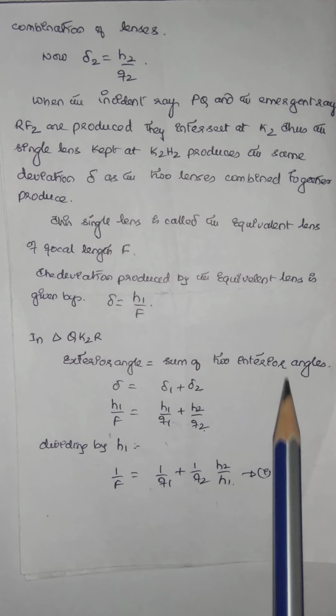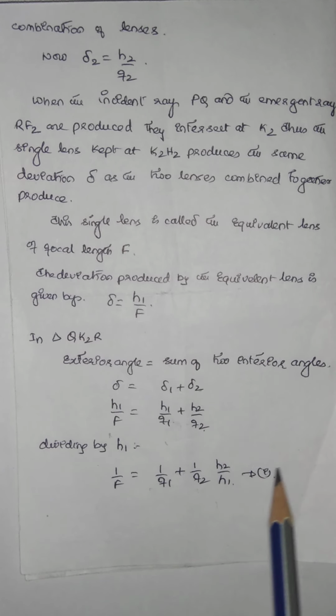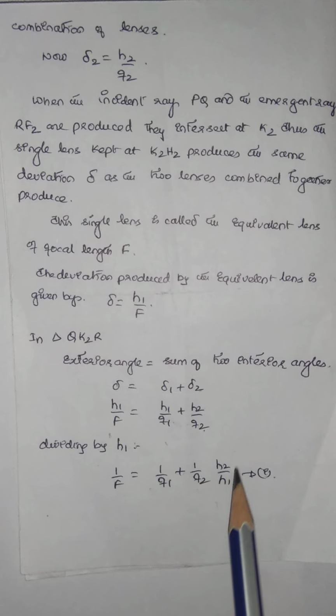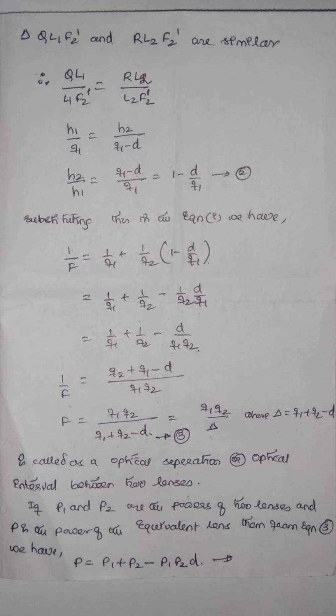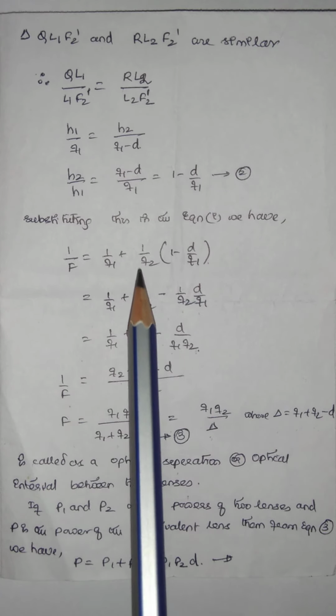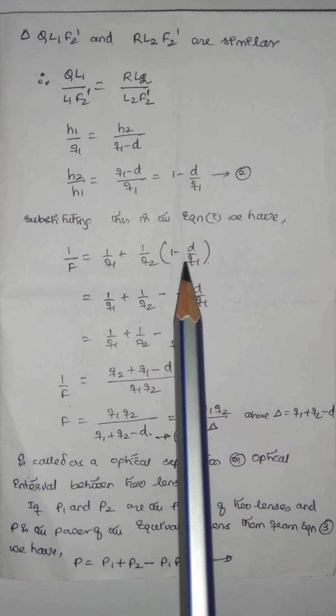Now, in place of H2 by H1 in equation 1, we replace that term by 1 minus D by F1. When we replace this term, then we get 1 by F is equal to 1 by F1 plus 1 by F2 into 1 minus D by F1.